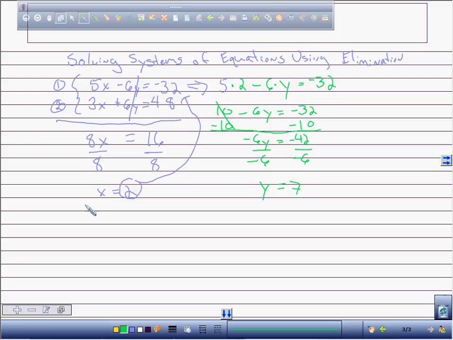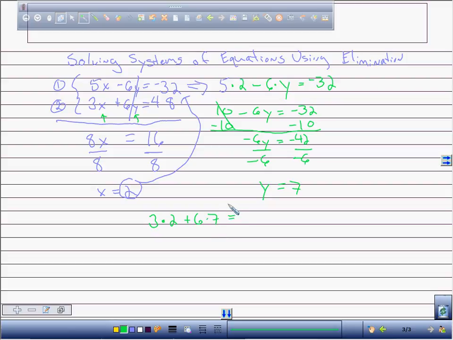Just to make sure, what you should really do is take those two answers for x and y and plug them into the other equation to see if it makes it true. So I'm going to do that. If I plug x in here and y in here, I end up with 3 times 2 plus 6 times 7.